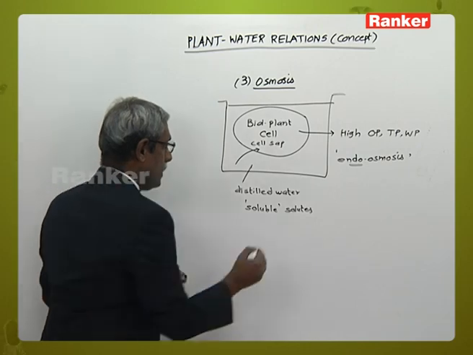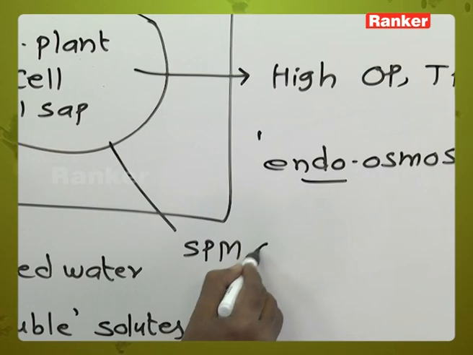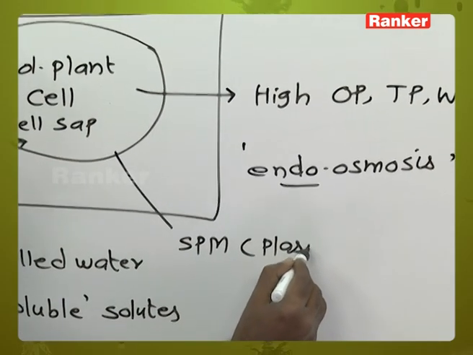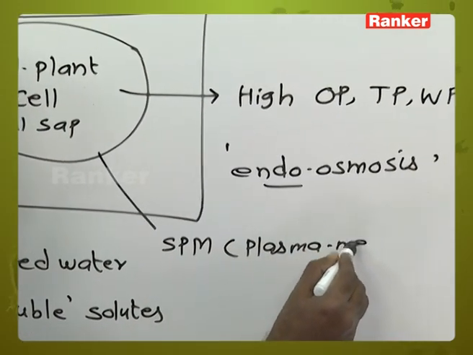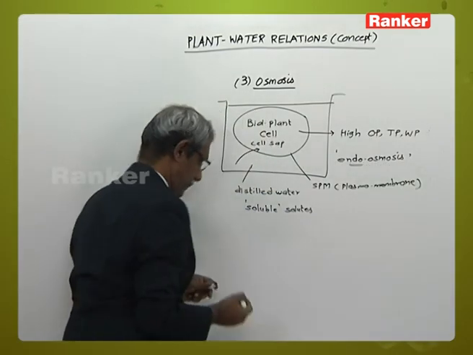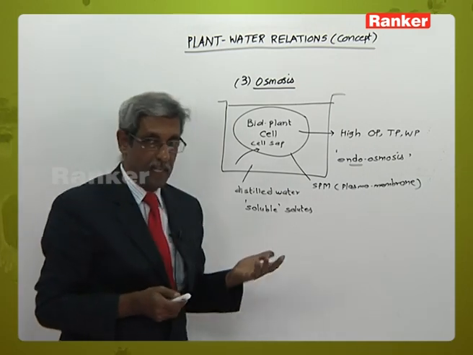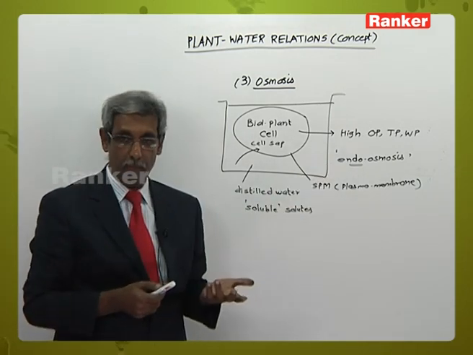So it occurs through the semi-permeable membrane. The semi-permeable membrane is the plasma membrane. Thus, normally when you take a biological cell and place it in distilled water, it exhibits endosmosis.